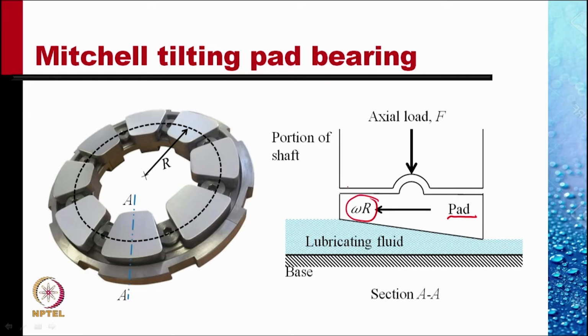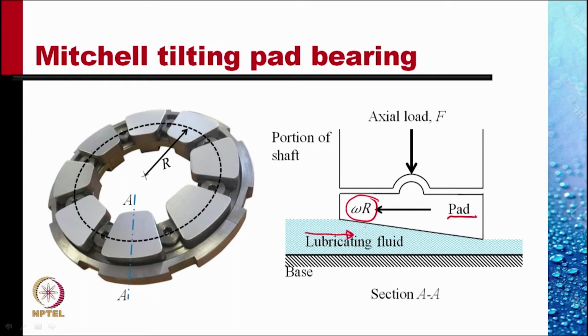If r is the radius at which the pad is attached, then it adjusts itself in such an orientation that the lower surface is tilting. And now the lubricating fluid is pushed across this in this direction. It forms a channel which is a converging channel for the flow.